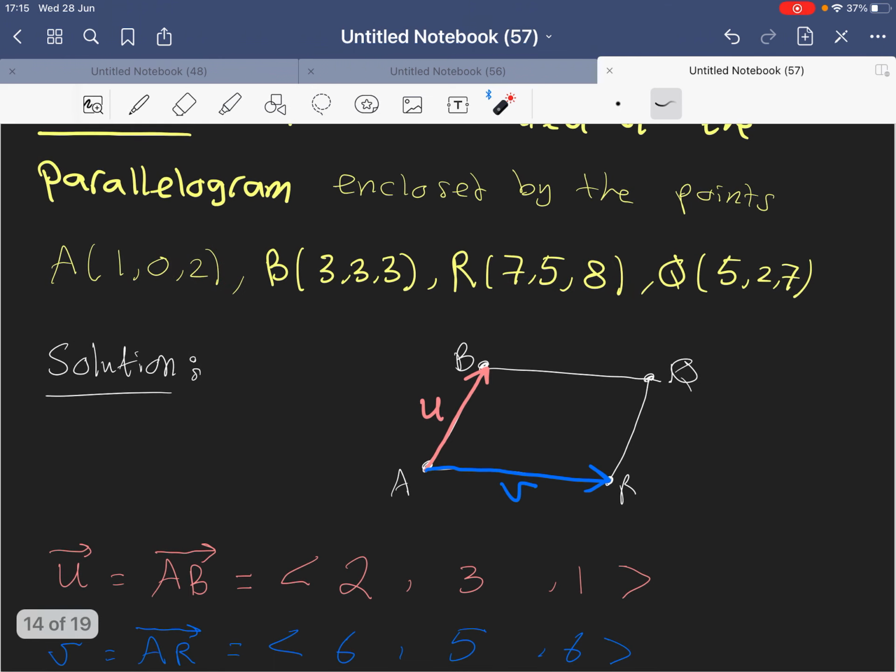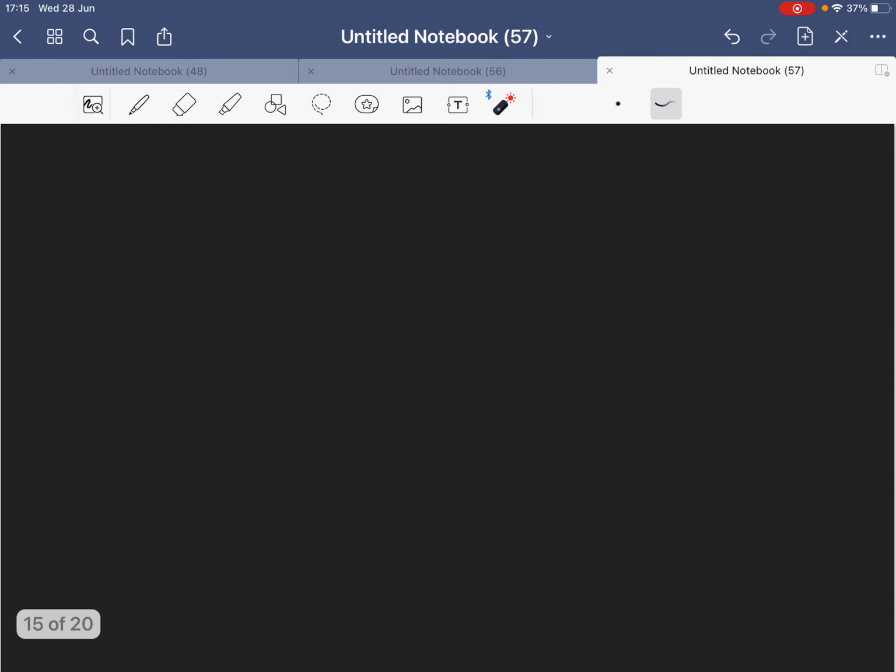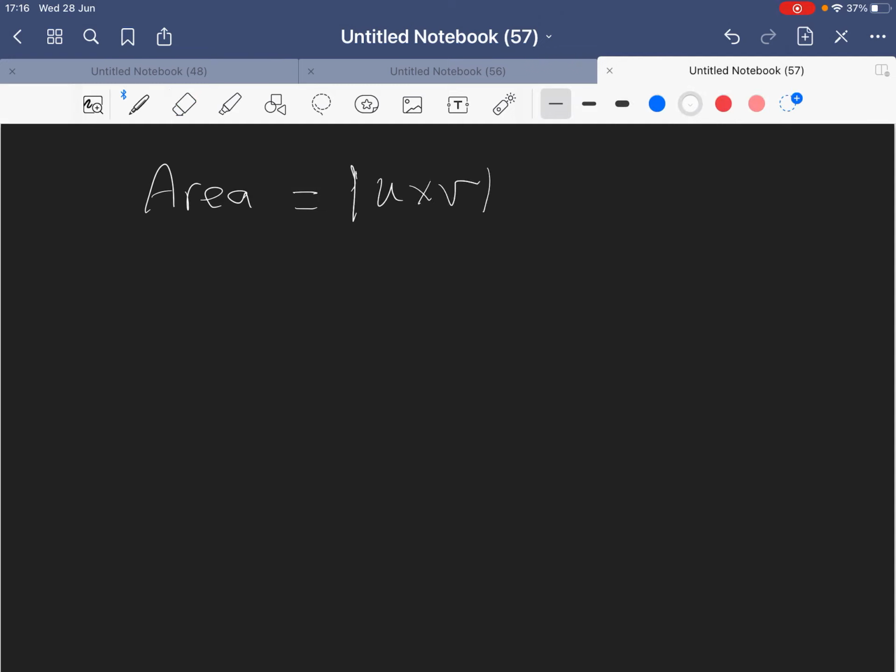Now, in order to find the area of the parallelogram, all we need to do is find the cross product. So the area of the parallelogram is, first of all, I need to find U cross V. So let's find U cross V. This is equal to the determinant of i, j, k.